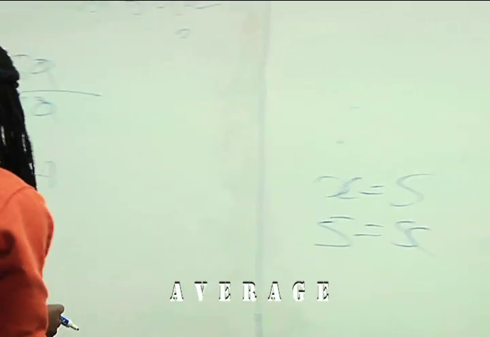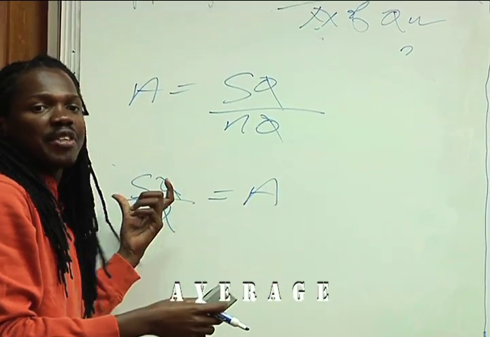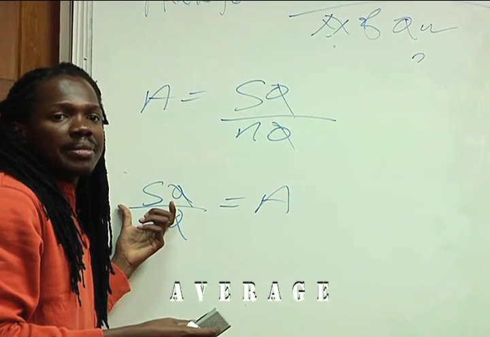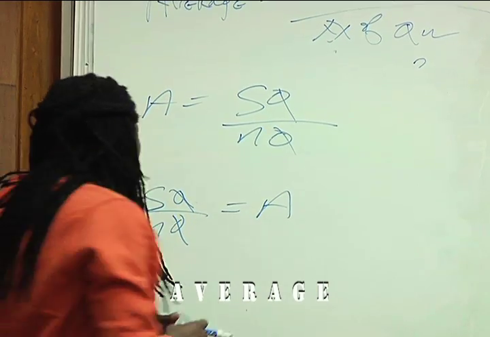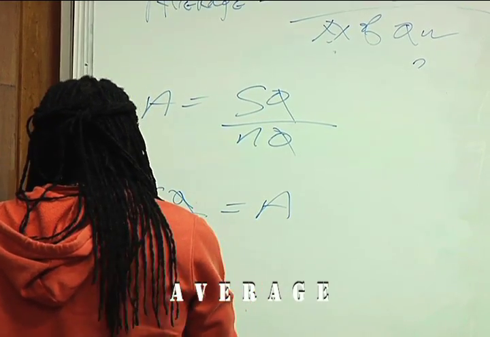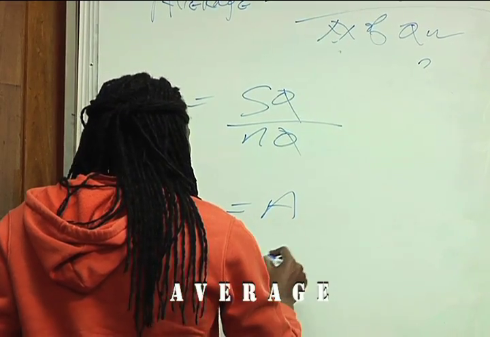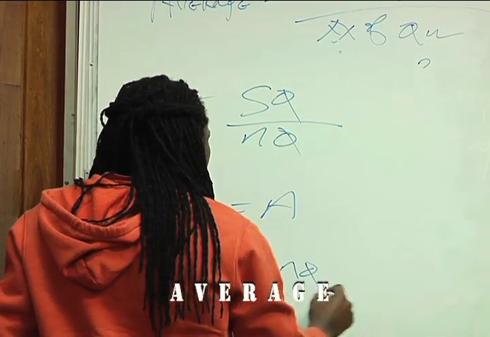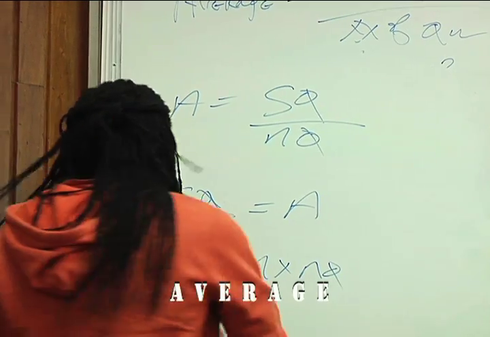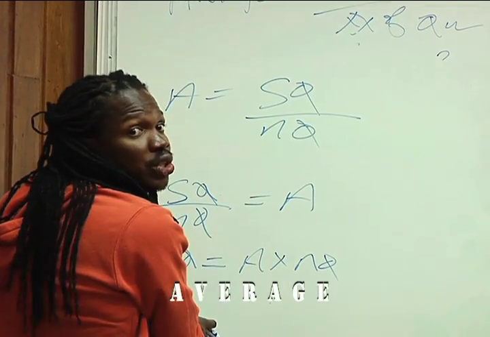If I want to find this, it's easier for me to have it on the side where I solve from. You understand? Good. So we say SQ equals A times NQ. Then we turn it back around because we still want NQ on this side.